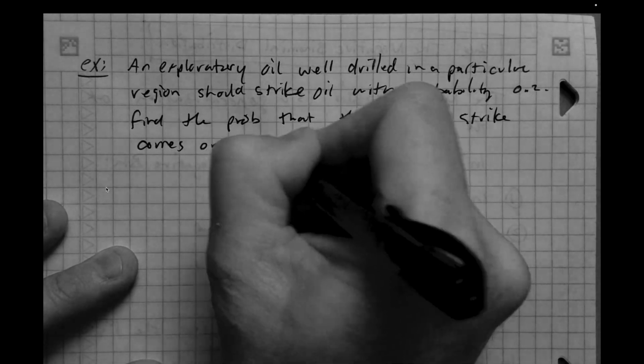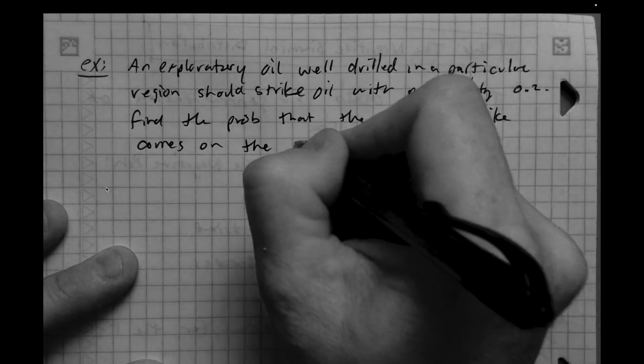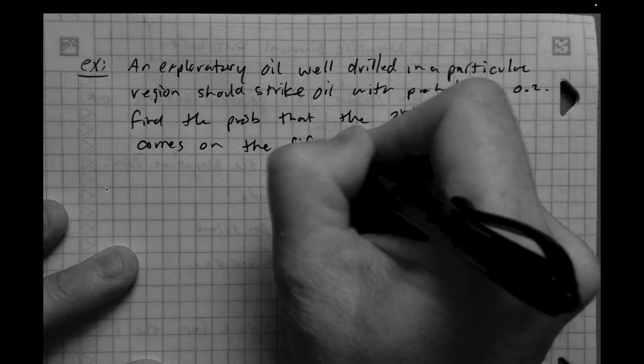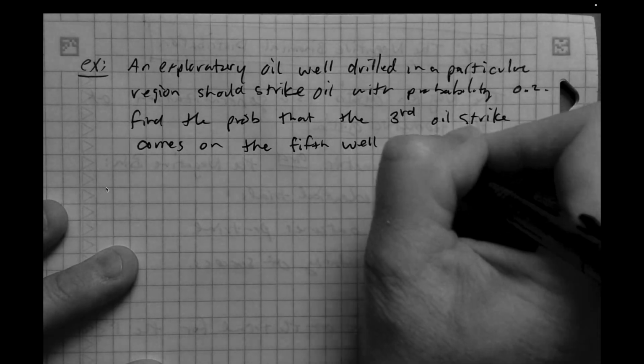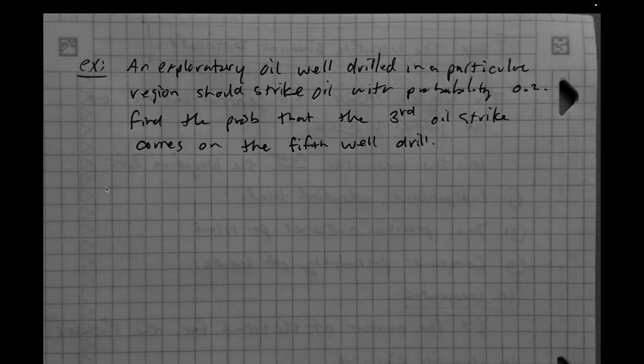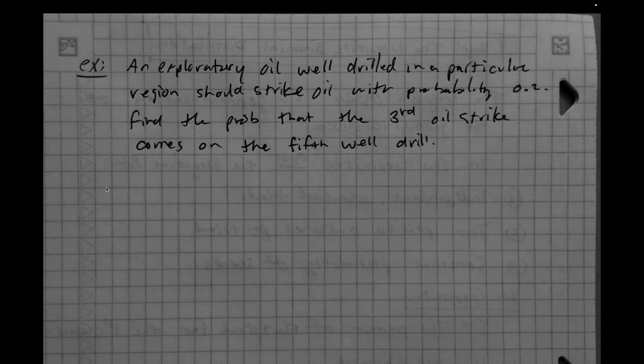So you've got regions where you can drill oil wells, and the probability of striking oil with each drill is 20%. Let's find the probability that we drill 5 wells, and on the 5th well drilled, we happen to find the third oil strike.